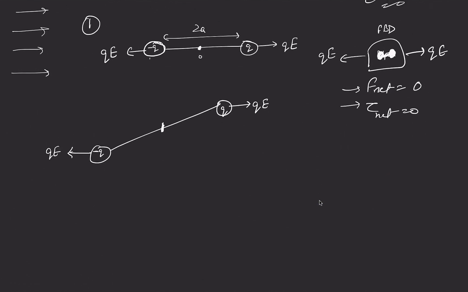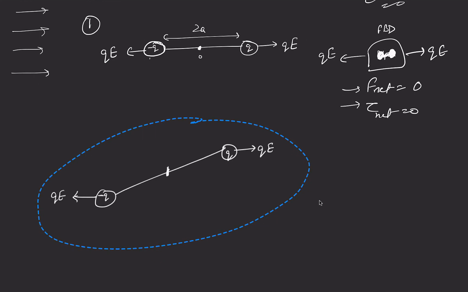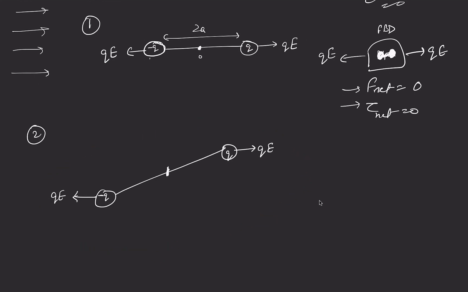So now let's see for position number 2. So here in this position net force is 0, because right hand force is equal to left hand force, so force net is 0, but net torque is not 0. Why? Let's say this angle is theta, angle with the horizontal. So if this angle is theta, this angle is also theta. Let's calculate torque at origin. So this distance is a, therefore this distance is a sine theta. Similarly, this distance is also a sine theta.